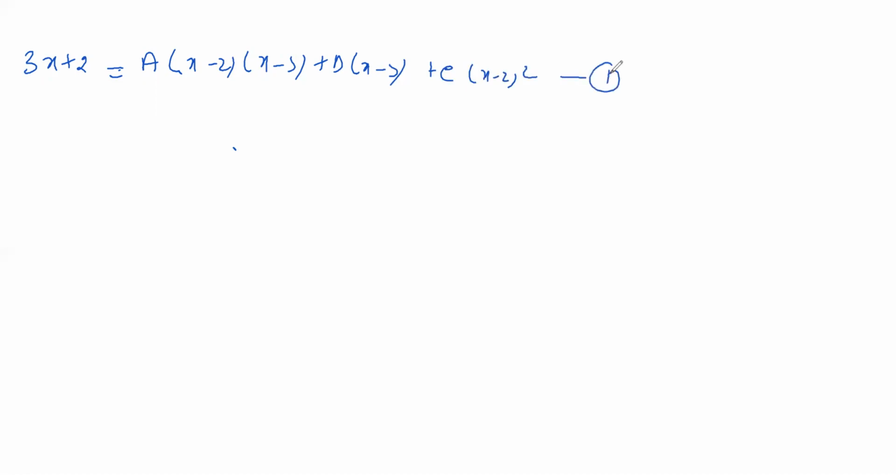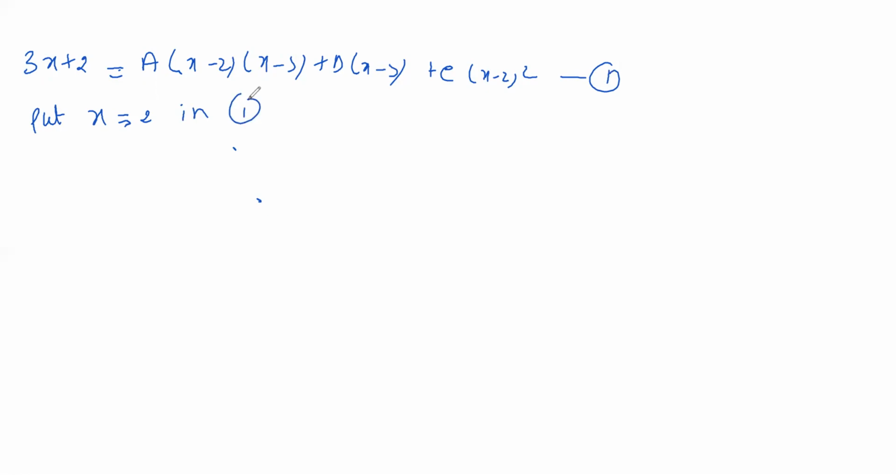Taking this as 1. Now our aim is to find the values of the constants a, b, c by substituting appropriate values for x. First we will substitute x as 2. Put x is equal to 2 in 1.